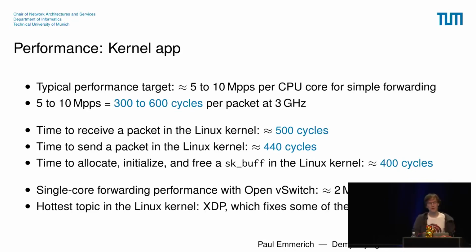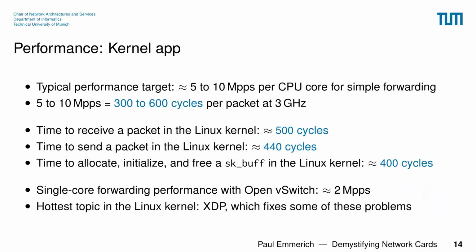So if we measure a real world application, single core packet forwarding with Open vSwitch with the minimum processing possible, one OpenFlow rule that matches on physical ports, I profiled the processing at around 200 cycles per packet. And the overhead of the kernel is another 1,000 something cycles. So in the end, you achieve 2 million packets per second. And this is faster than our user space stuff, but still kind of slow. Well, we want to be faster.